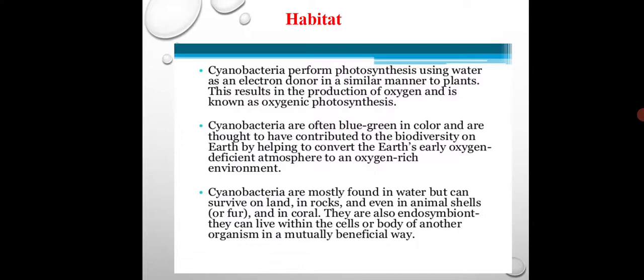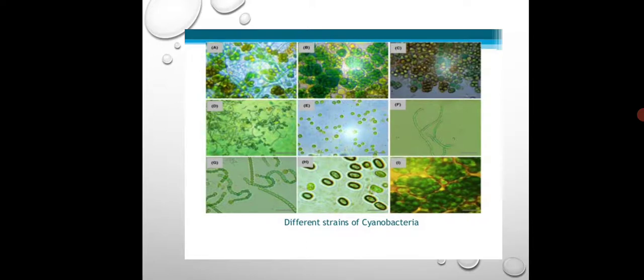That is the habitat of cyanobacteria. These are some diagrams of different strains of cyanobacteria, which are greenish in color.